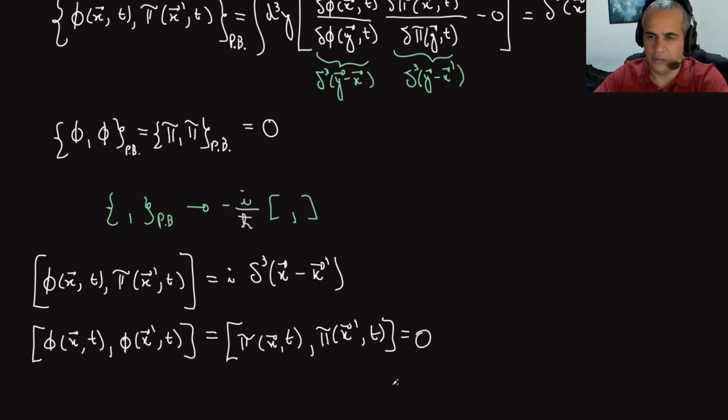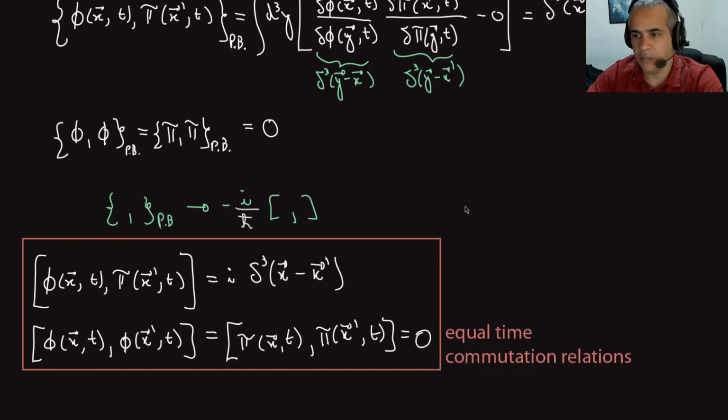Right? And these are the equal time commutation relations. So that quantizes the theory. Now we need to see the consequences of this.